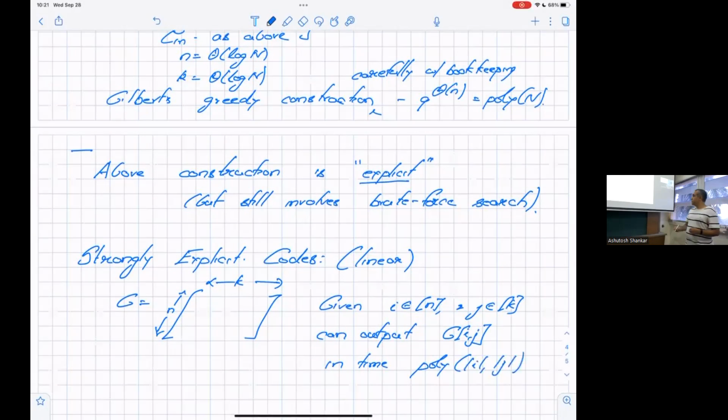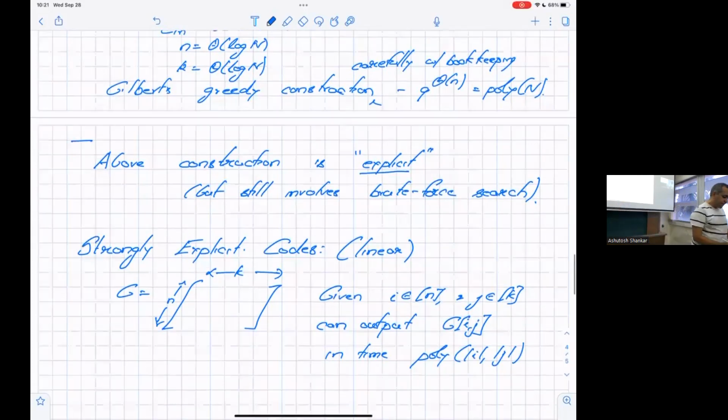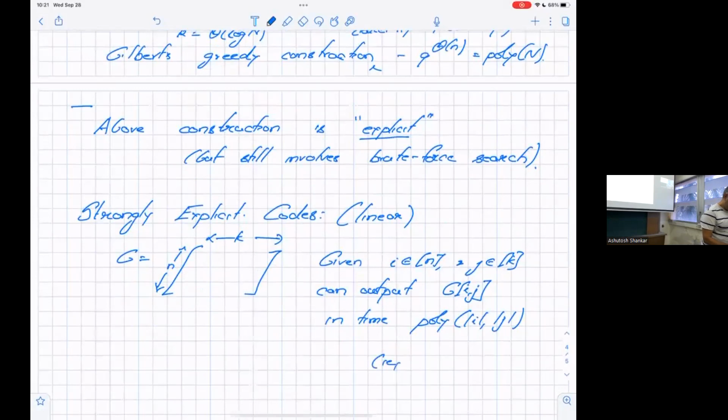So in particular, this is typically poly log n, because i is going to be logarithmic in n.